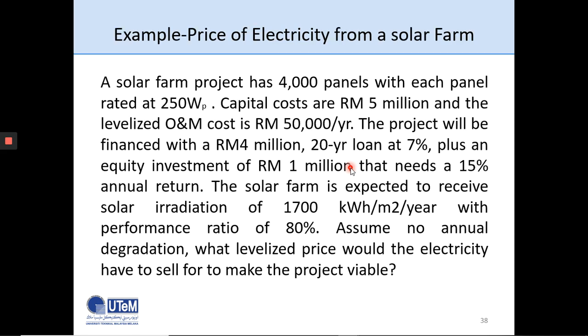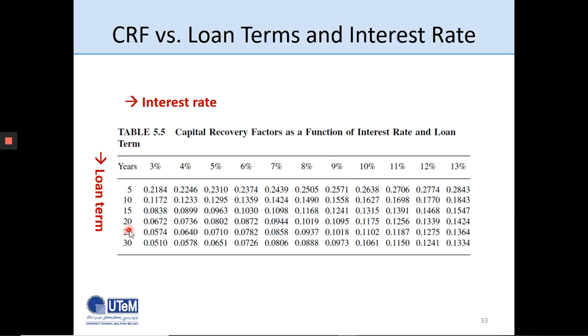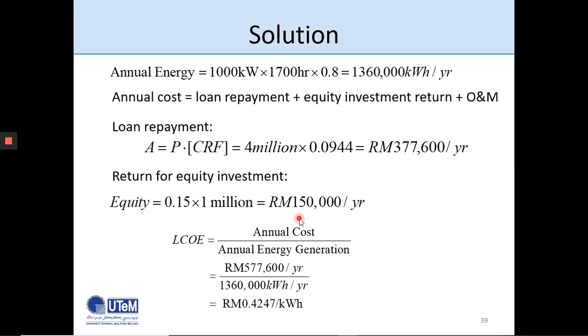Again, we refer to the table. For a 20-year loan at 7%, we get 0.0944. So we plug in the values in the equation and we get 377,600 per year. This is the amount of annual loan repayment you need to make to the bank. And the return for equity investment is 0.15, 15%, times 1 million. So you need to provide a return to your equity investor of 150,000 per year.